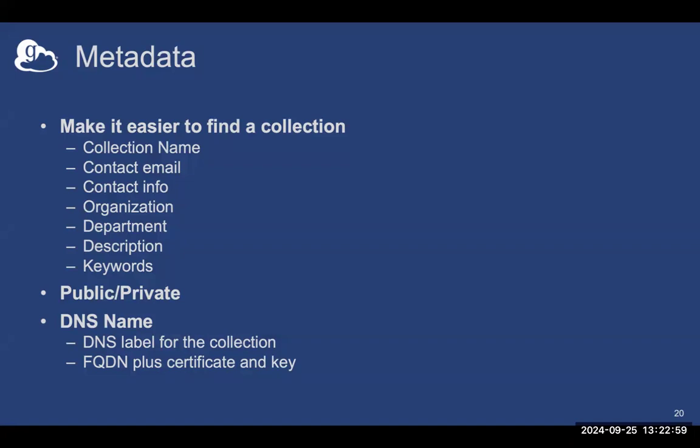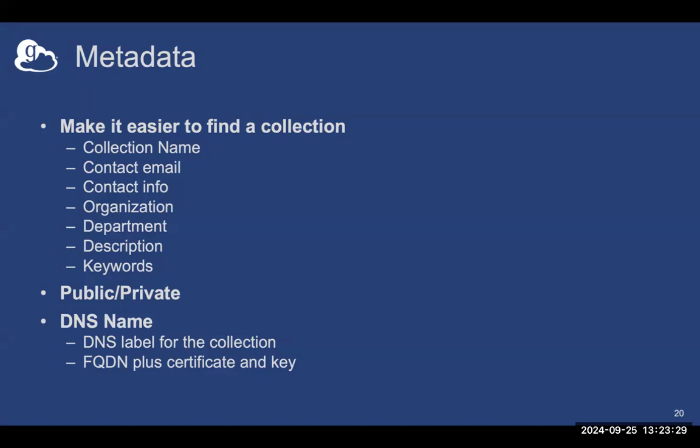For a mapped collection, you can set your own DNS name if you have administrator privileges on the endpoint. So you can set the label, which is the outermost DNS name component. So it will be a subdomain of either the random name that Globus assigns, or if you have a wildcard domain name at the endpoint level, it'll be a subdomain of that.